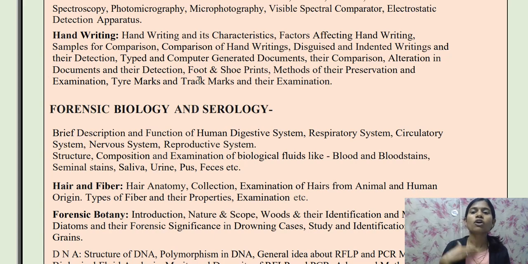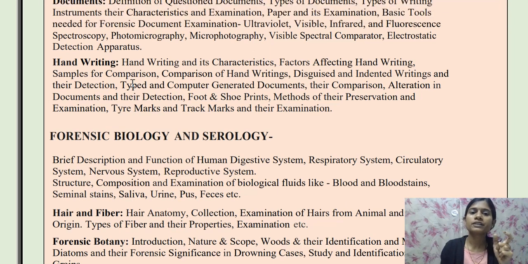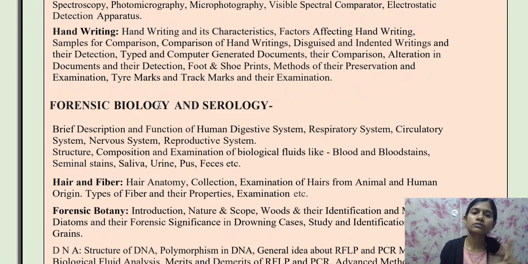That is alteration in the document. How do we detect it? In the last passage we discussed different instruments, and using them we can identify the alteration in the document.